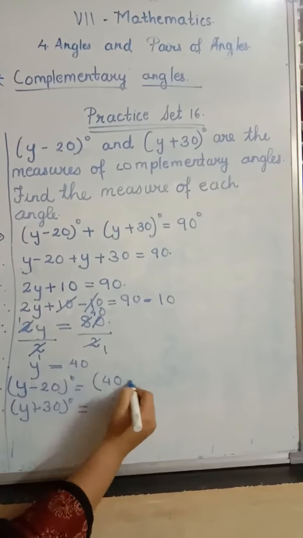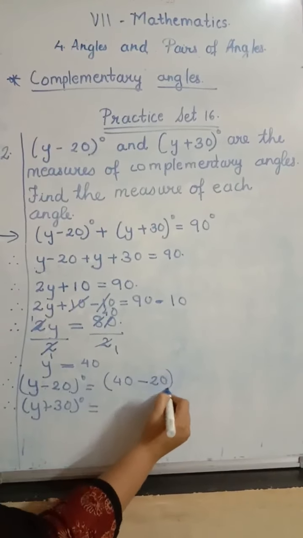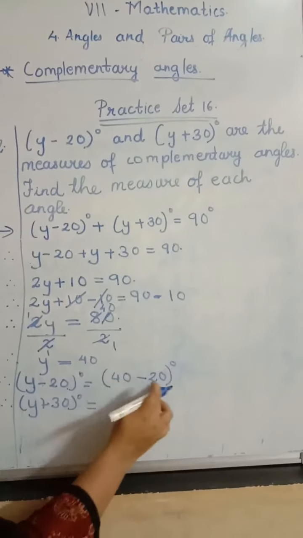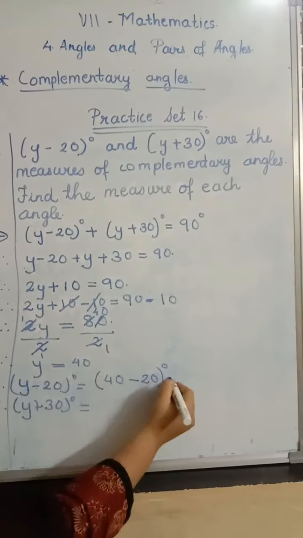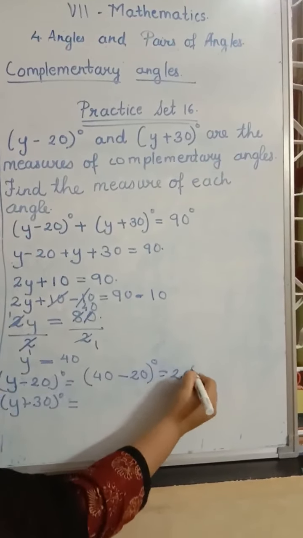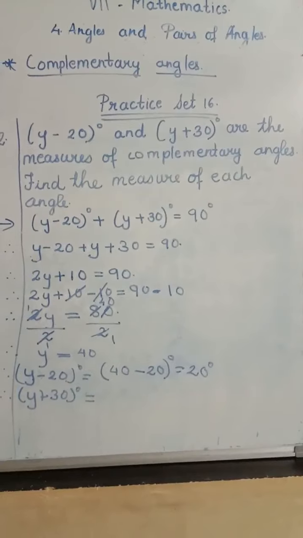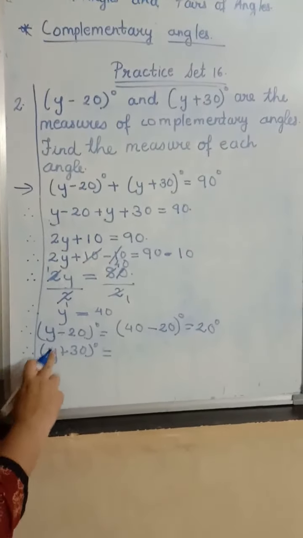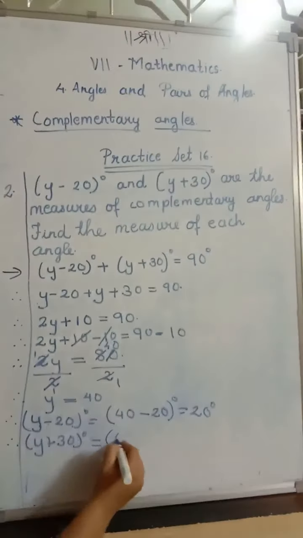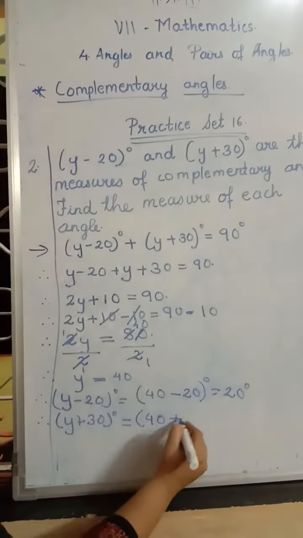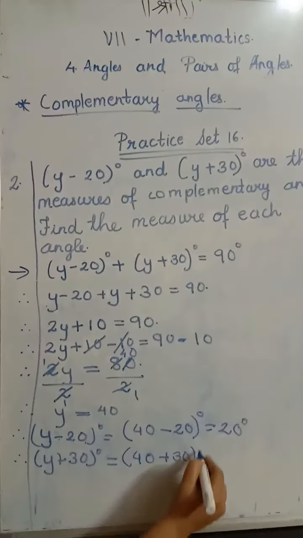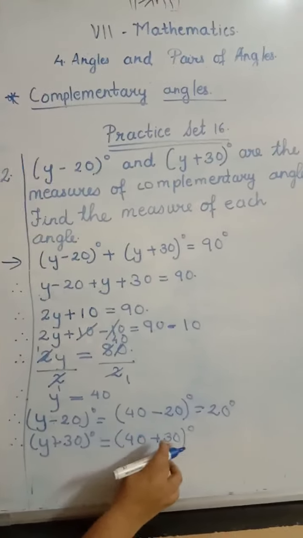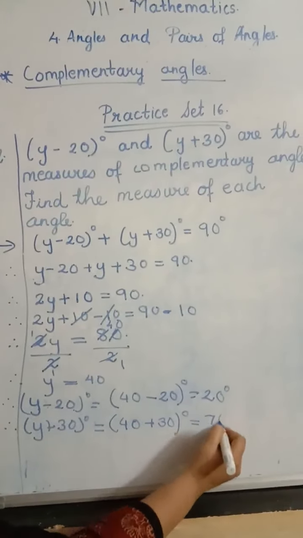What is next? Minus 20. Bracket close degree. 40 minus 20, 20 degree. Did we get first angle's measurement? Now second. Y plus 30 degree. What is y's value? 40 plus 30 bracket close degree. 40 plus 30, 70 degree.